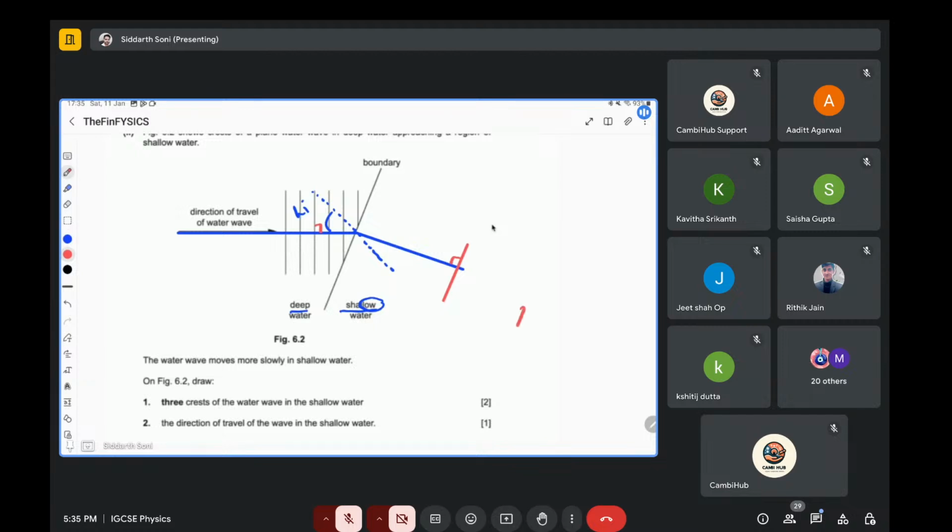So if this is your ruler, keep it on this and drag it until you reach the first wave front, which means your waves are going to bend slightly like this. This is what you need to show.